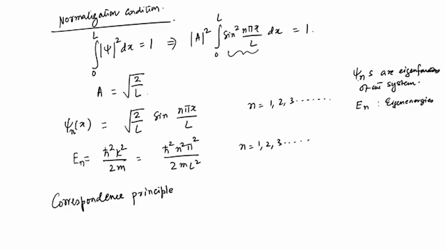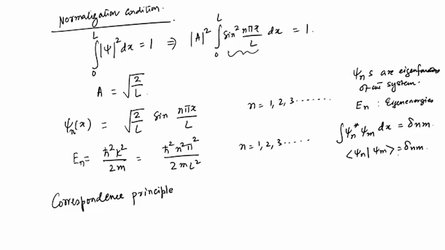And each of these psi n's form a complete set of states because the integral of psi n star psi m dx is equal to delta nm. Which means that this can be written in your bra-ket notation as this delta nm.